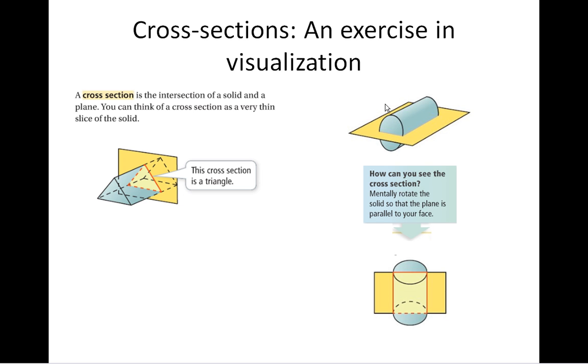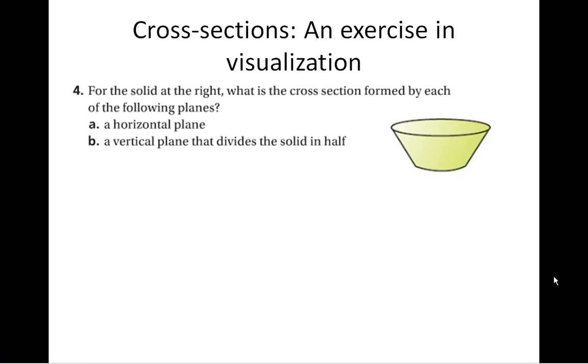If instead I were to make a plane going vertically, so coming straight down through my figure this way, then the shape that it would trace out would be a circle. So sometimes the orientation of the plane makes a big difference.